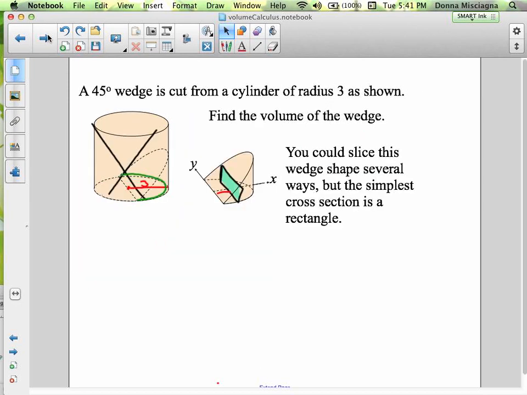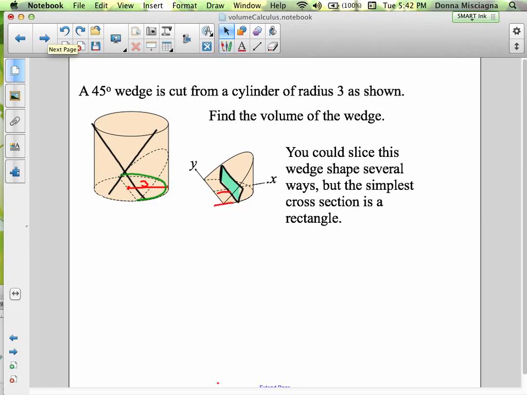And that same principle is applied here when we're finding the volume of some unique shapes. So we're going to be finding the volume of this wedge. We have a 45-degree wedge cut from a cylinder of radius 3, as shown. We want to find the volume of the wedge. Some important things to remember: it's a 45-degree angle, which means this length here is going to be the same as the height.